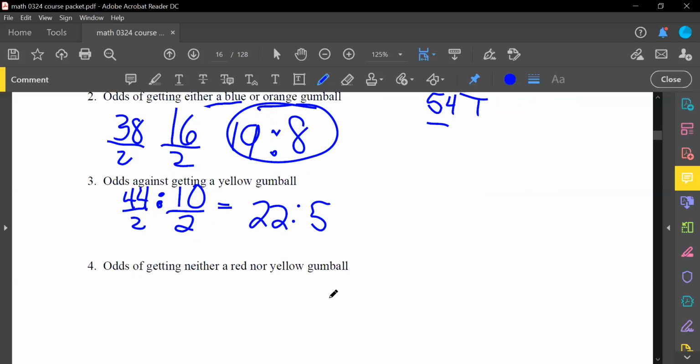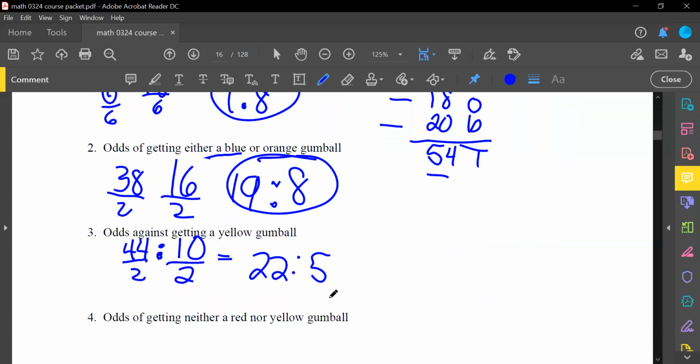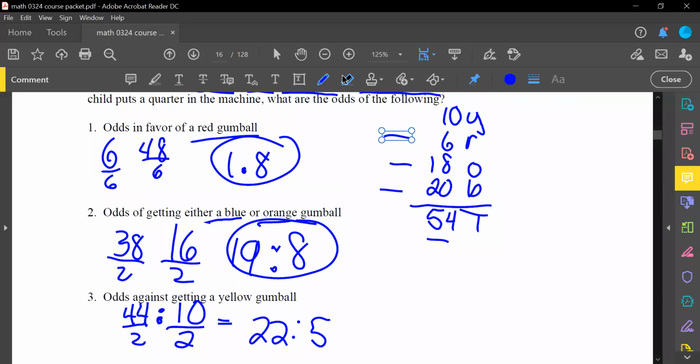Okay, odds of getting neither a red nor a yellow. So I want anything but red or yellow. I'm going to go back up here to my little list. I do not want red or yellow, so I want orange or blue, right? That's the same thing that I did up here.